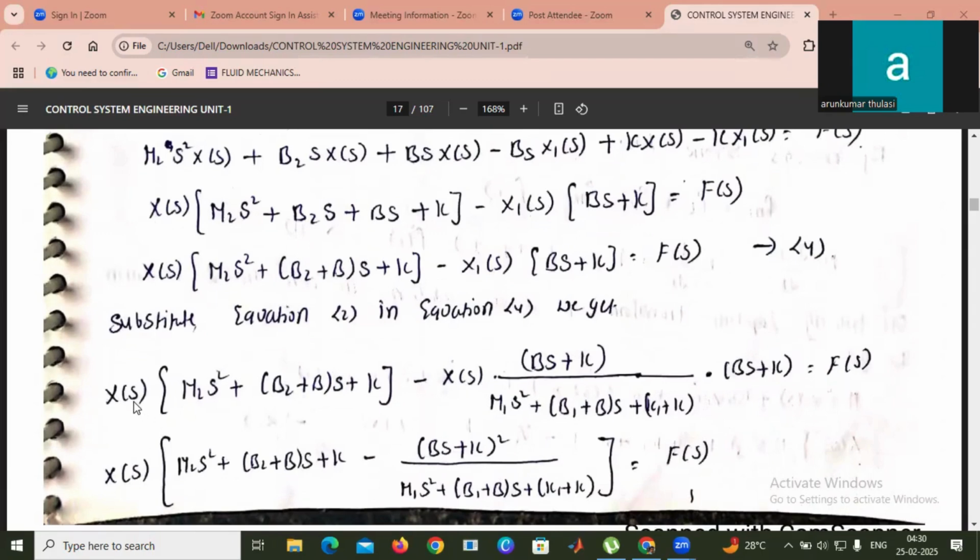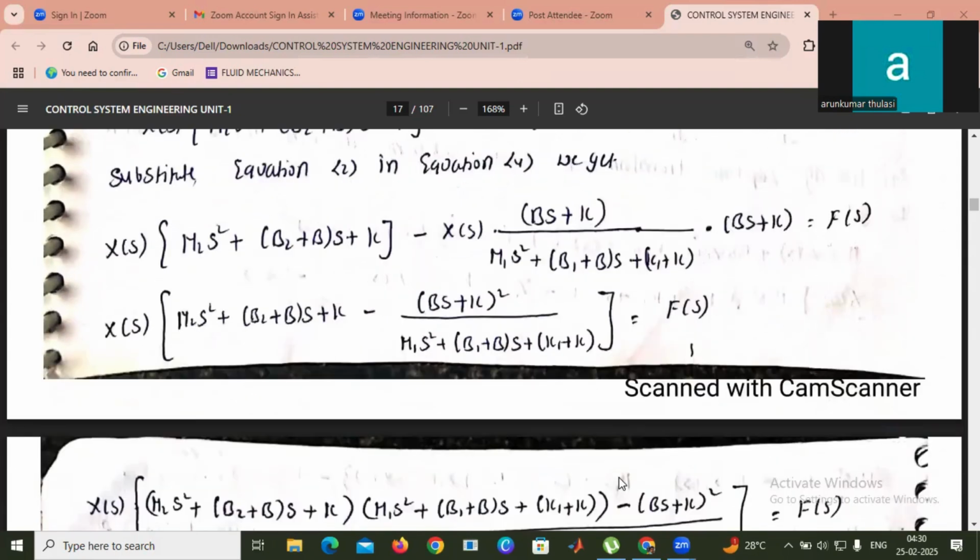Now both terms have the common element x of s, so let's take it common. X of s times [m2 s square plus (b2 plus b) s plus k minus (bs plus k) whole square, divided by m1 s square plus (b1 plus b) s plus k1 plus k] equals f of s.